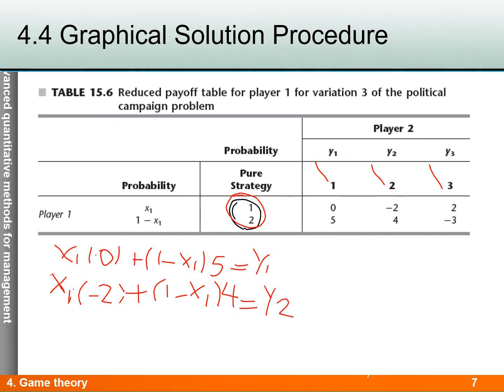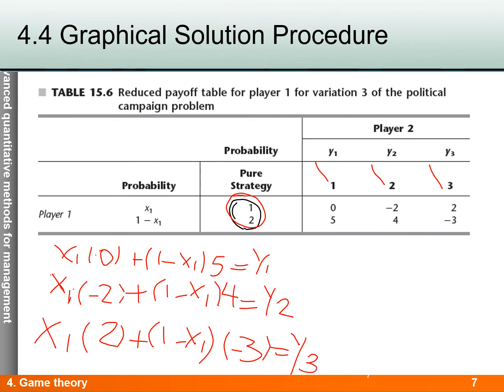And finally, sorry, x1 multiplied by 2 plus 1 minus x1 multiplied by minus 3, that is equal to y3.